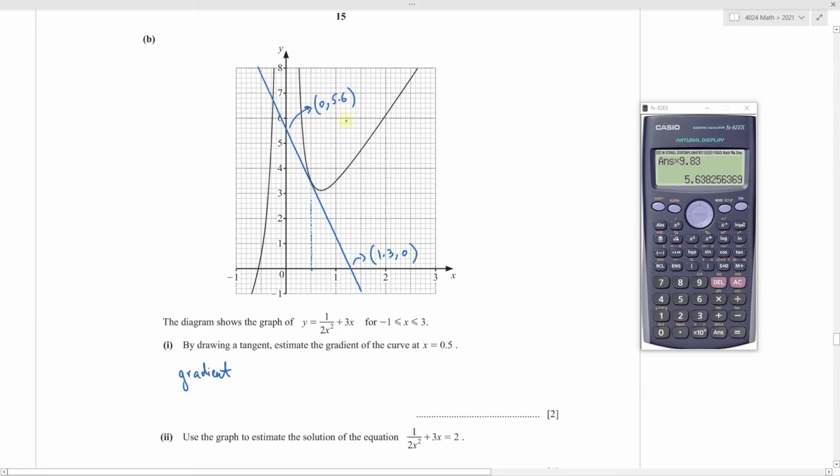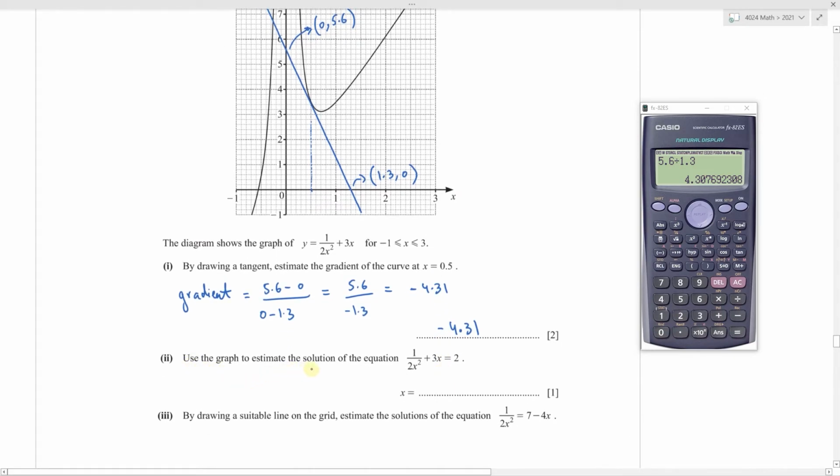So let's take this 5.6 minus 0 divided by 0 minus 1.3. So this is 5.6 divided by minus 1.3. So 5.6 divided by 1.3 with a negative value. This is minus 4.31 to 3 significant figures. So this is your gradient.